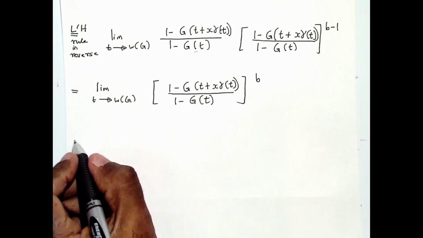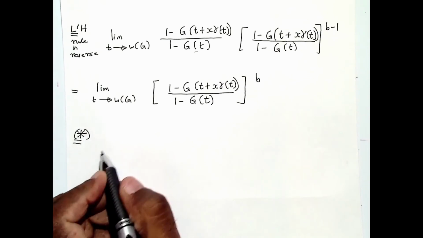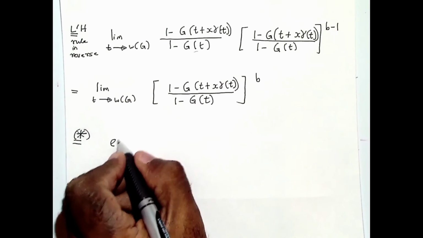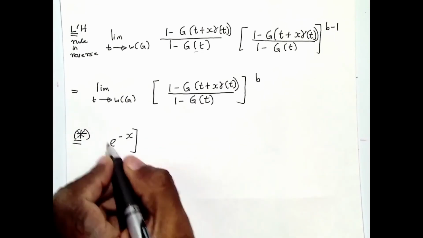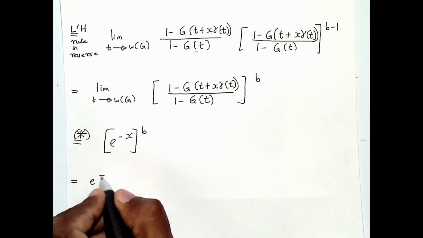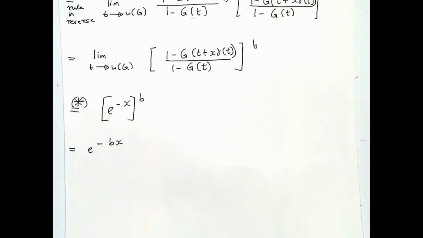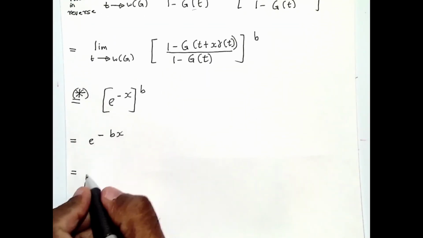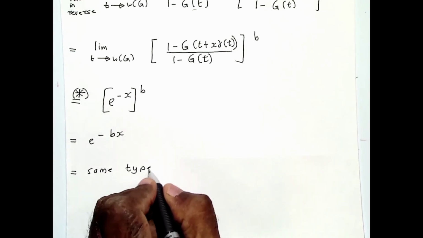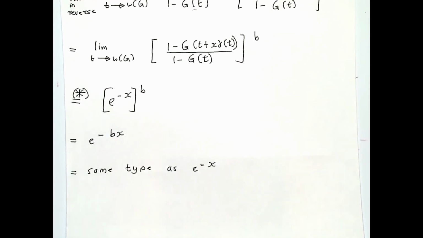Okay, now I'm going to apply the assumption which I called star, you may recall. So according to star, the limit of this is e to the minus x, right? So this is equal to e to the minus bx. b is a positive number, so this is of the same type as e to the minus x.